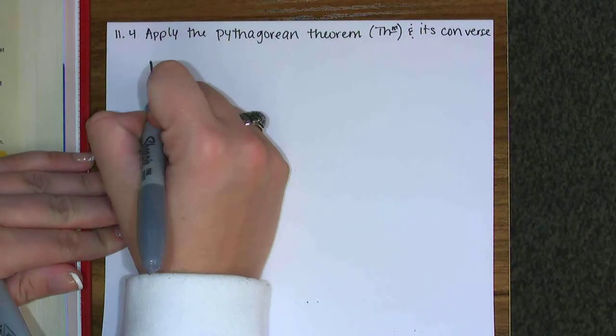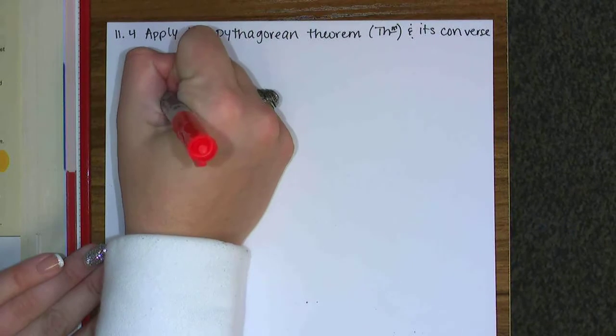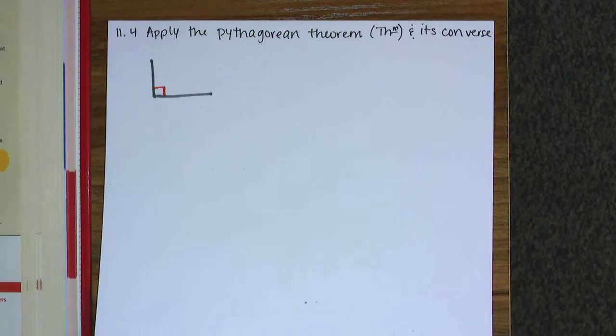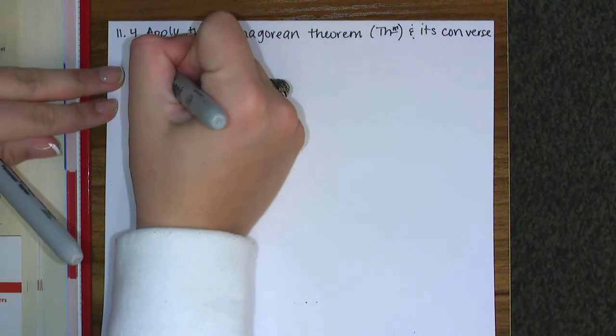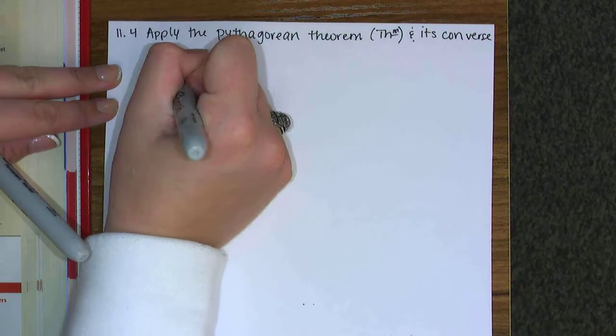So, this is going to be a right triangle, and typically the book to show you that it will be a right triangle, they will put a red, sometimes blue, but usually a red square in the corner. That's letting you know that that's a right angle. And so then we have here this other side, and I am doing them in different colors for a reason, okay?